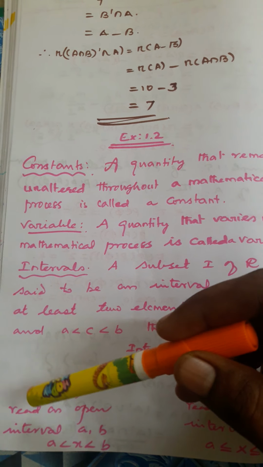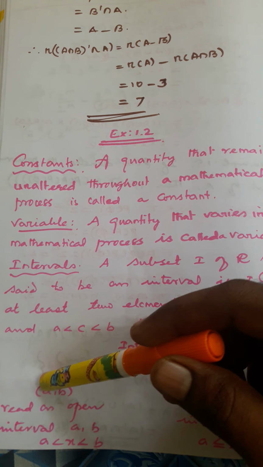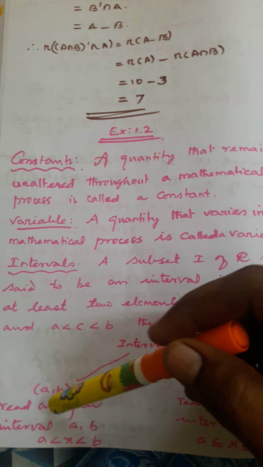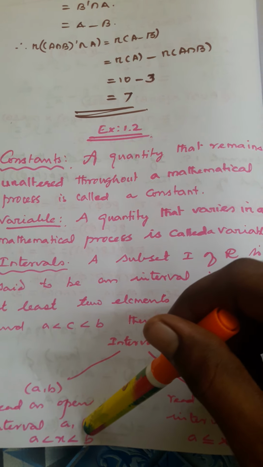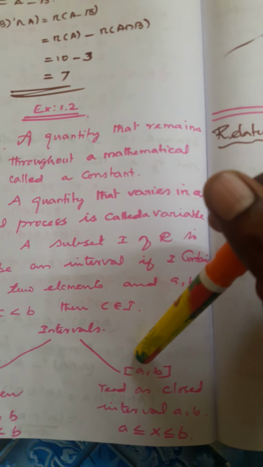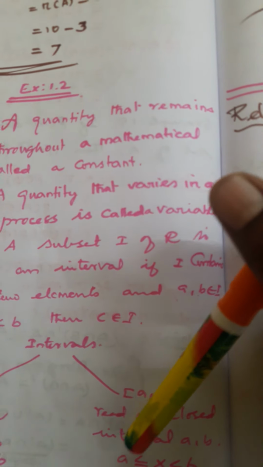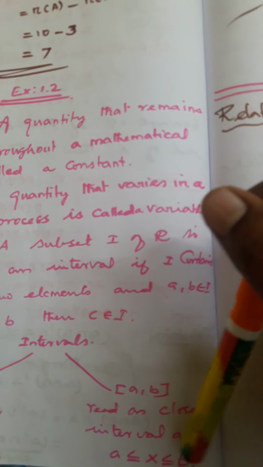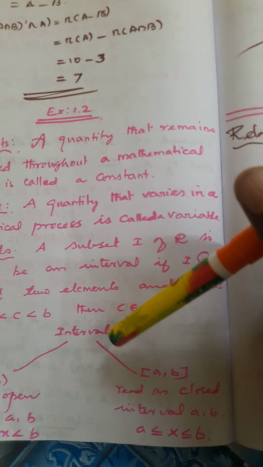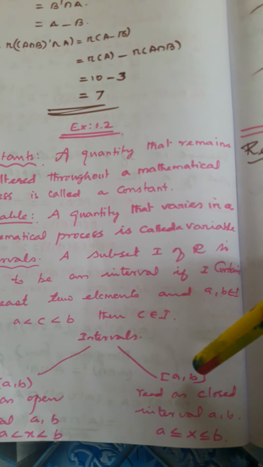In open interval we read open interval a comma b, that is nothing but a less than x less than b. And closed interval is read as a less than or equal to x less than or equal to b. So what is the difference between open interval and closed interval?